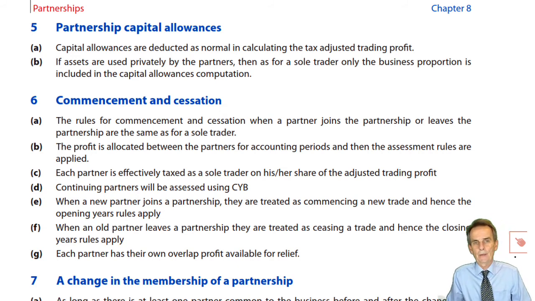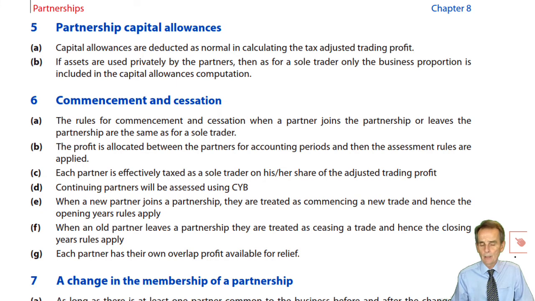We know that in terms of adjustment of profits for the unincorporated business, whether sole trader or now partnership, any private use expense would be disallowed. And so too, in the capital allowances computation, you would need to maintain a separate computation for each such asset with private use by each and every partner. Each is a proprietor of the business.